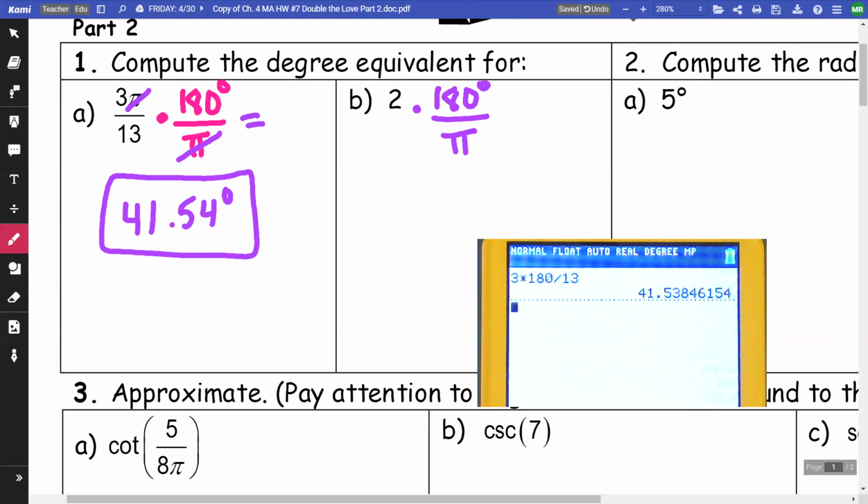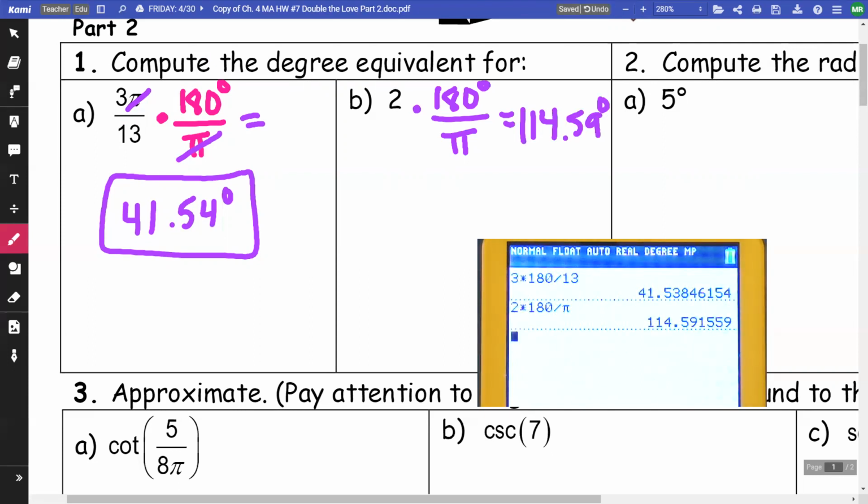Then I put that into my calculator: 2 times 180 divided by pi, and I end up getting 114.59 degrees.